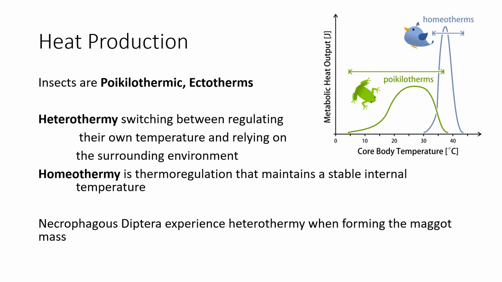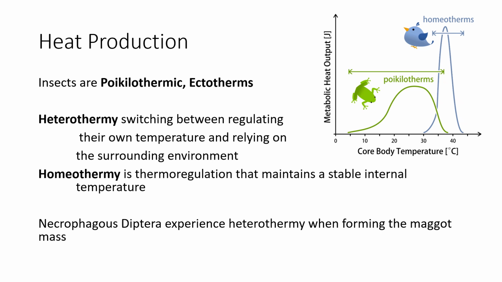And poikilothermic means that they can live across a wide range of temperatures. And so when you have something called heterothermy, you're actually switching between regulating your own temperature and relying on the surrounding environment. Where homeothermy is just maintaining your stable internal temperature.